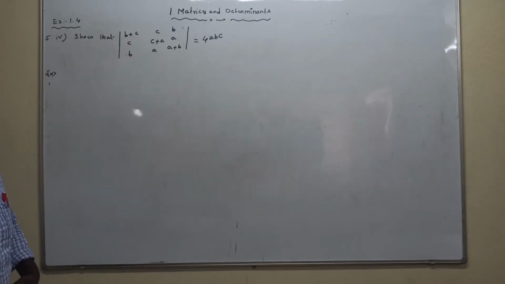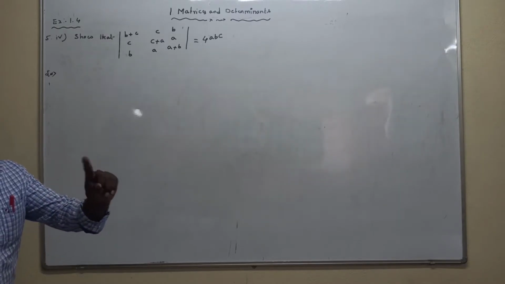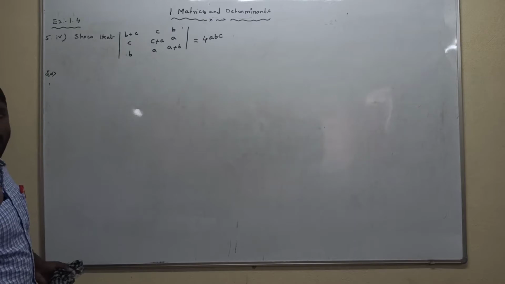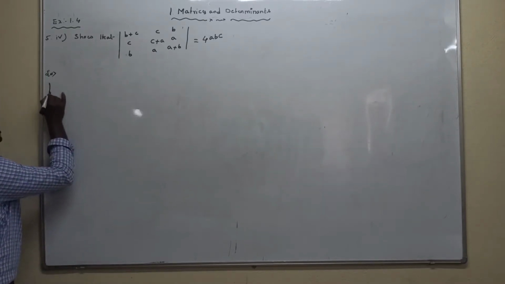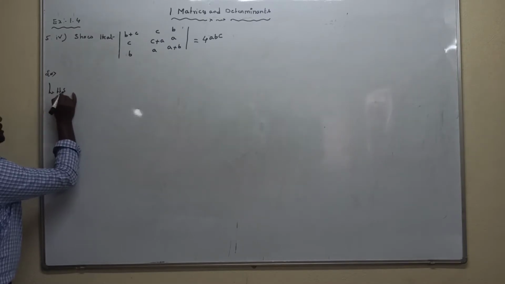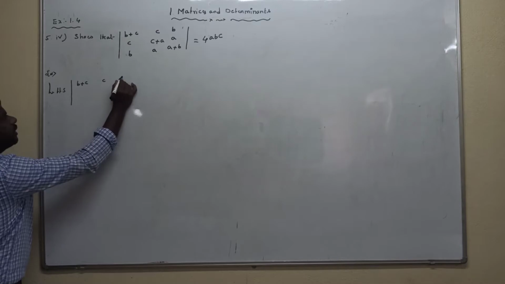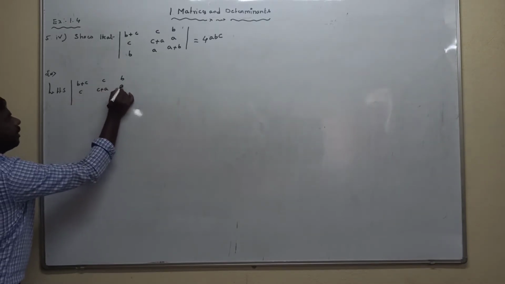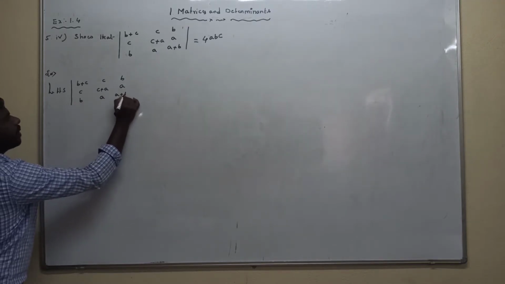Take the condition R1 changes to R1 minus R2 minus R3. So we are taking the left hand side determinant: b plus c, c, b; c plus a, ...; b, a plus b.